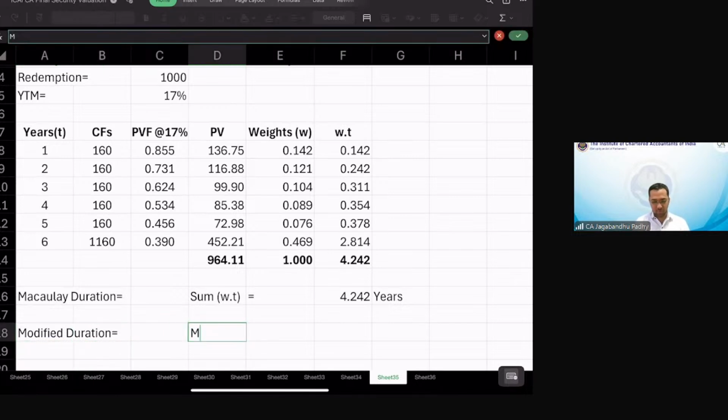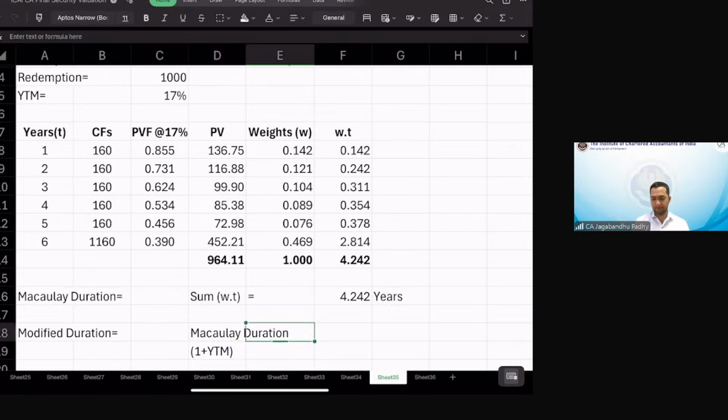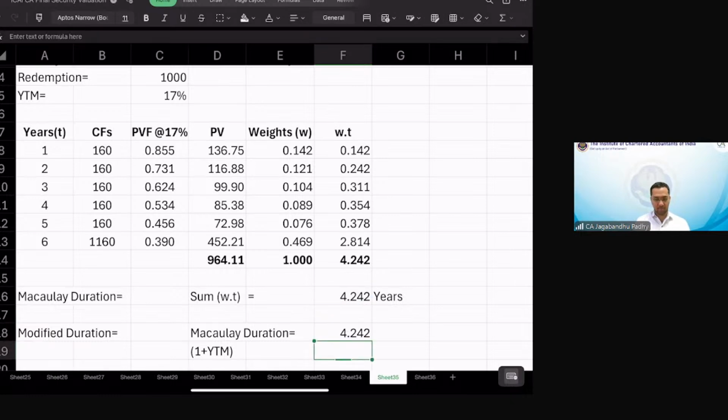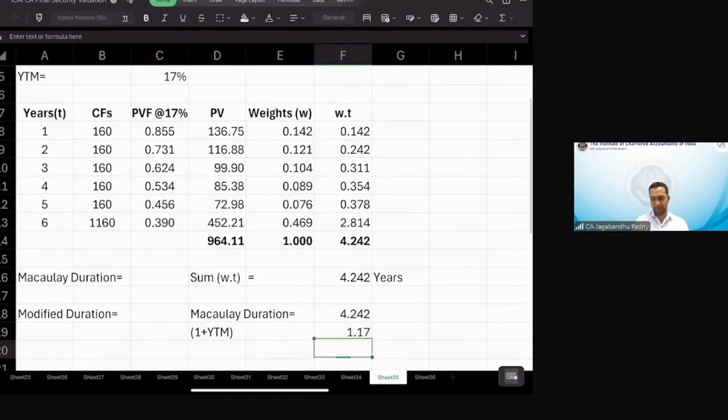So modified duration, we know, is Macaulay duration divided by 1 plus YTM. So that will be 4.242 divided by 1.17.